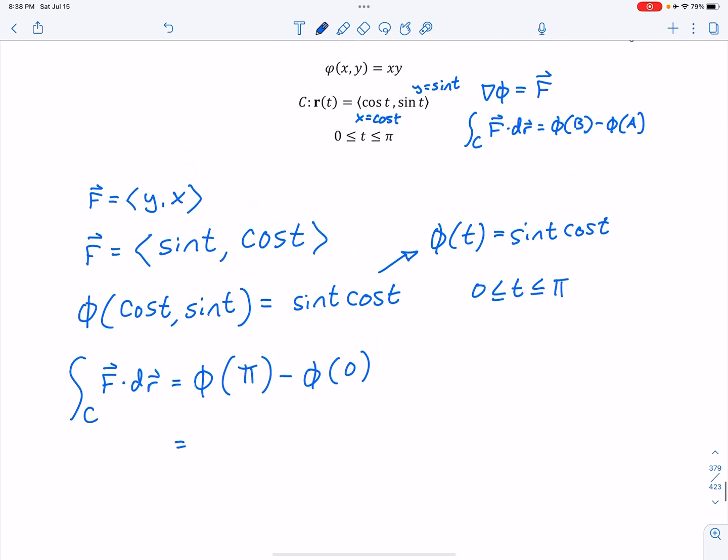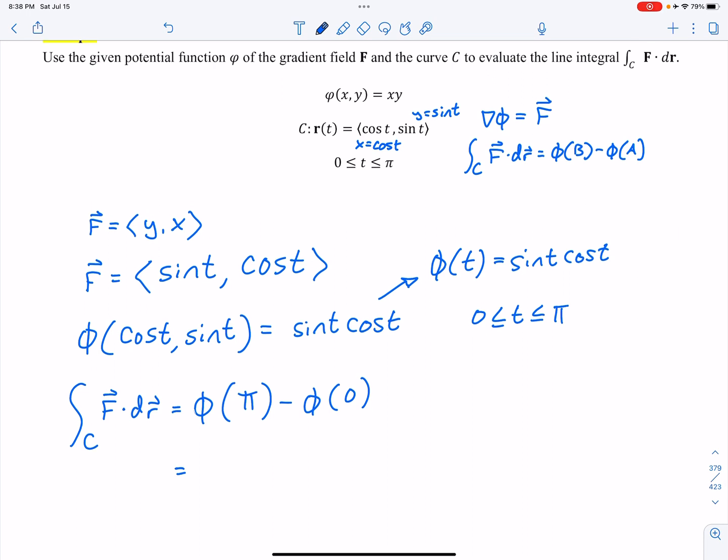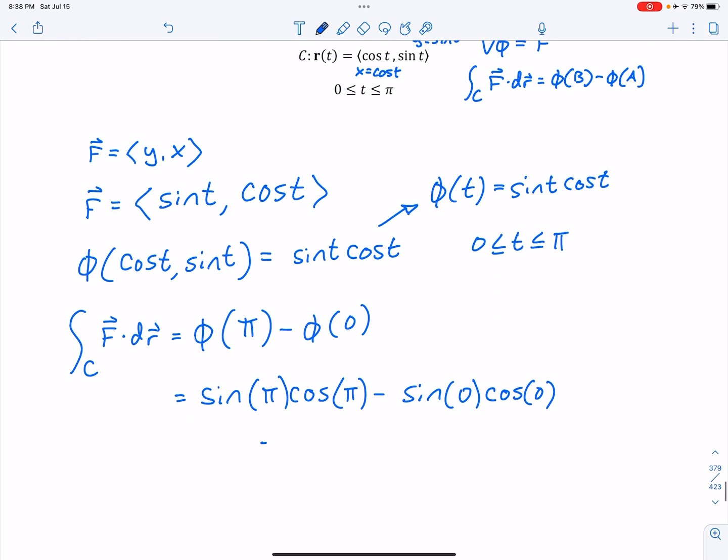All right, well, we do sine times cosine. We're going to get sine of pi, cosine of pi. You're going to see how this works out. Sine of pi, cosine of pi, these should be 0. My mind is already focused on the answer afterwards. That all zeroes out.